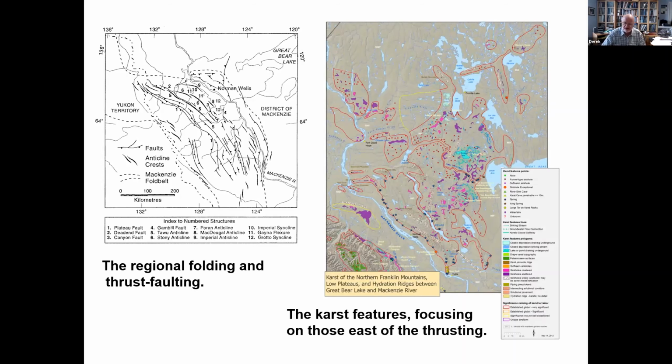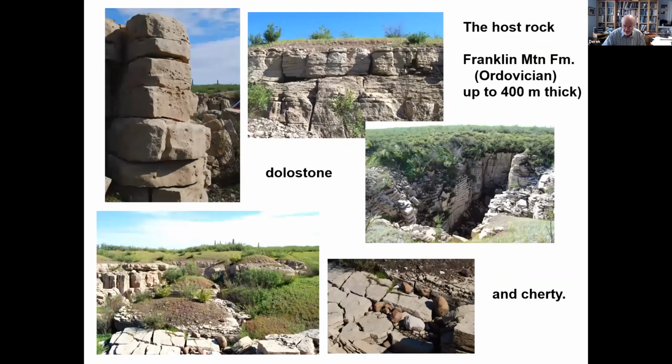Next slide, please, Autumn. Here's the host rock for the first 2 sites, the Franklin Mountain Formation. It's Ordovician in age. It's a nice Sabkha facies, platform facies about 400 meters thick. We've got very nice regular dolomite with good vugs in it, and a lot of chert nodule.